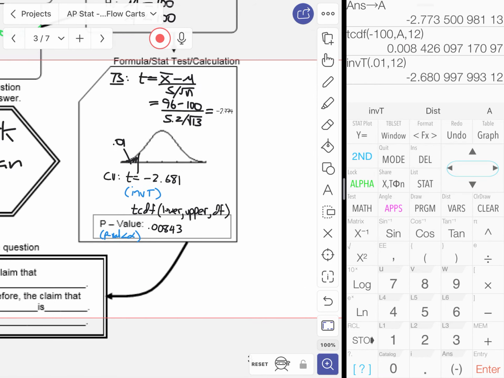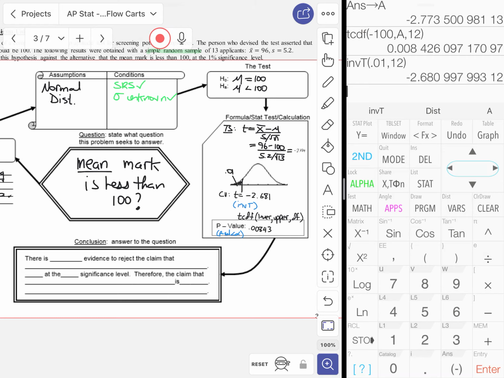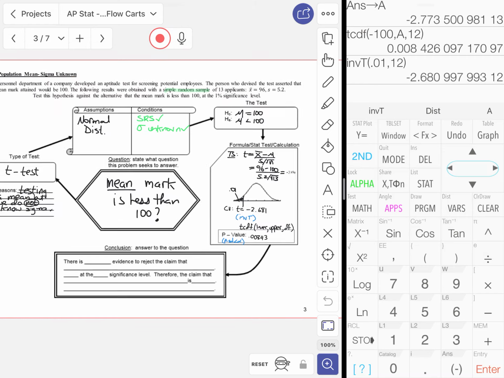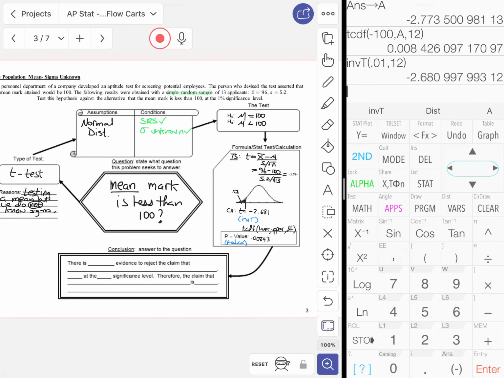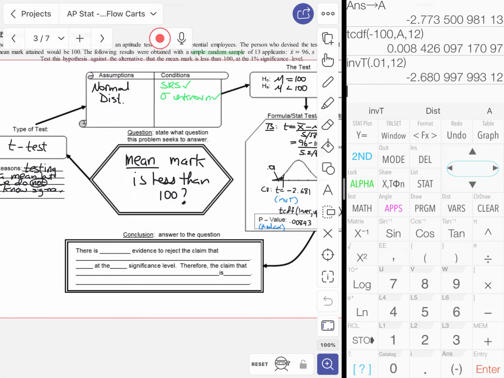All right, so there is sufficient evidence to reject the claim that, now we're talking about the mean mark, whatever that score is.